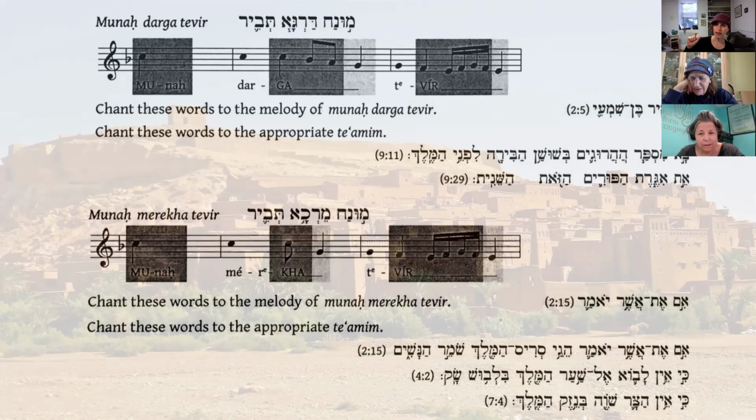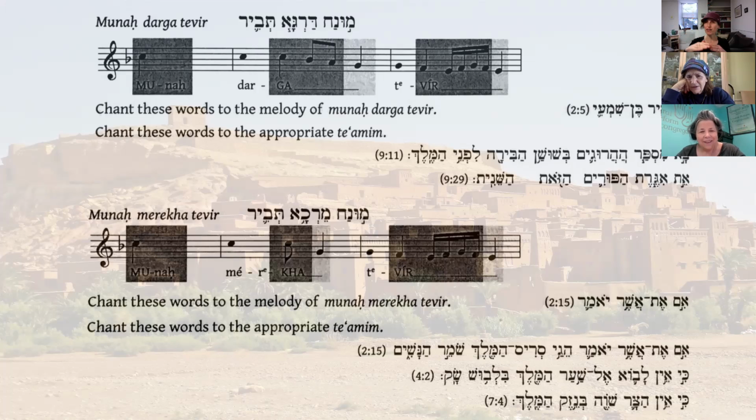Actually, I'm going to refine that a little bit, hearing it again. Yeah, the tefillah is not quite right. Well, what happened was actually before that. Drop the pitch. The descent of the mercha was a little too wide. Im et Asher Yomar.